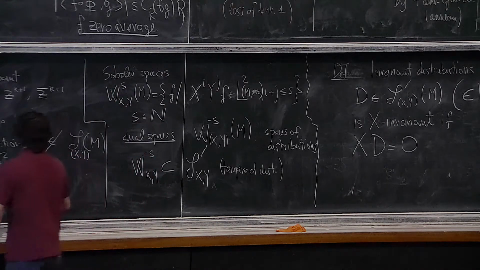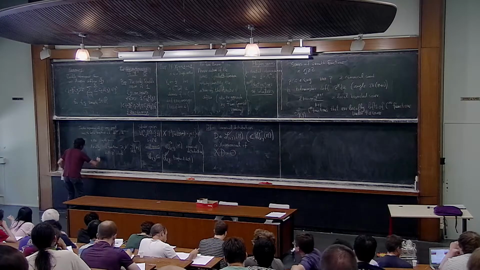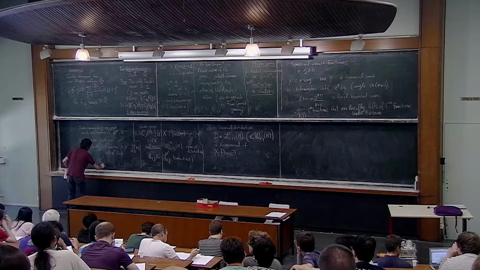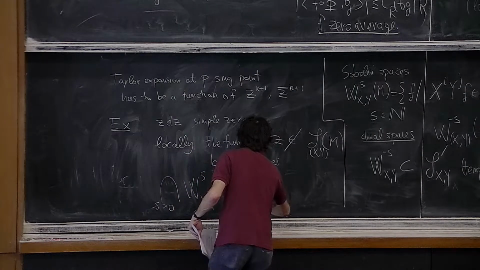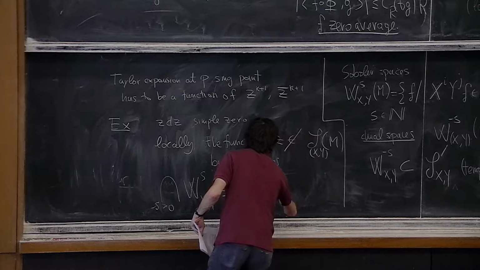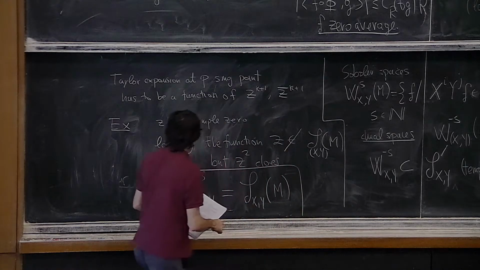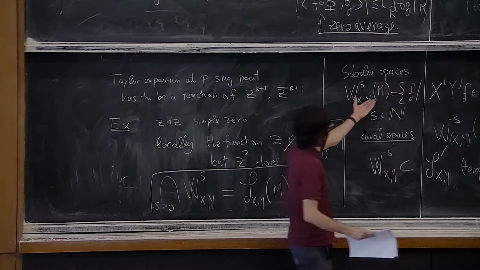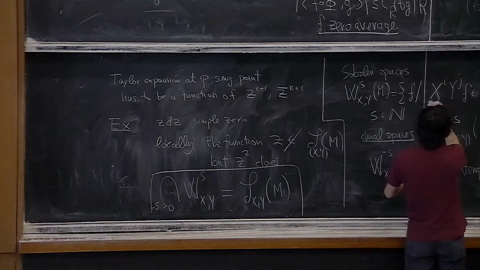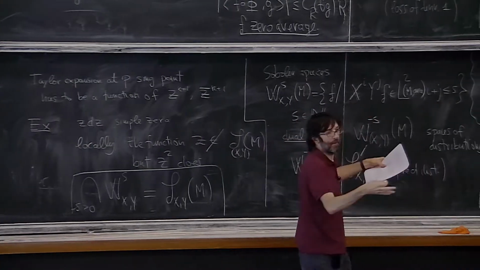So the statement here is the following: if I take the intersection over S positive of WS, this is S. So on S, you have all the norms that come from WS. WS has a norm which essentially is like you take the L2 norms of these derivatives and add them up.